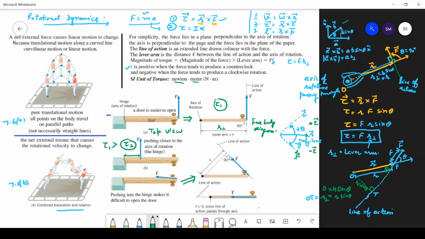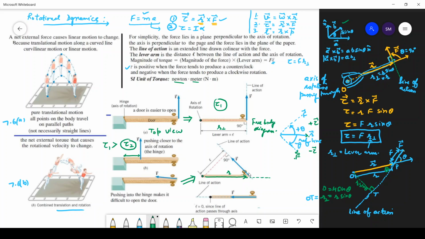This is your line of action now, and this is your axis of rotation. Draw a perpendicular on this. This was your R, and this is your R perpendicular. This angle is your theta. Don't get confused, students. This is your R, and this is your F.